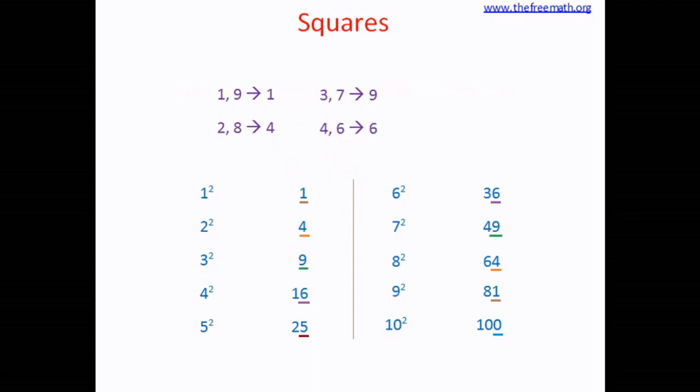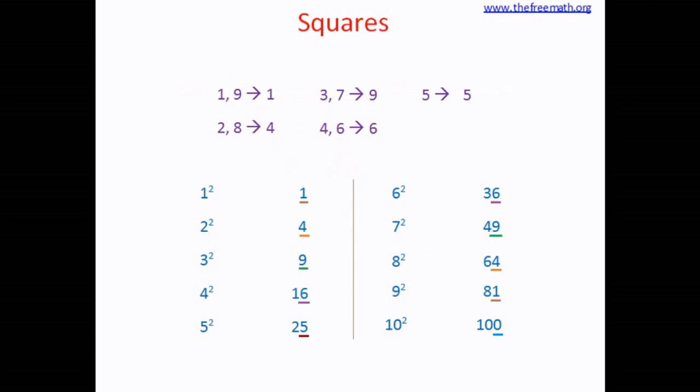If the numbers end with 4 and 6, like 16 and 36, then their squares always end with 6. If the number ends with 5, its square also ends with 5. So 5 square equals 25 and 15 square equals 225 and 25 squared equals 625.